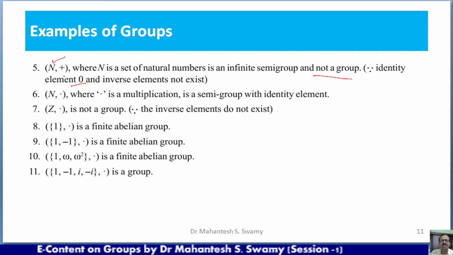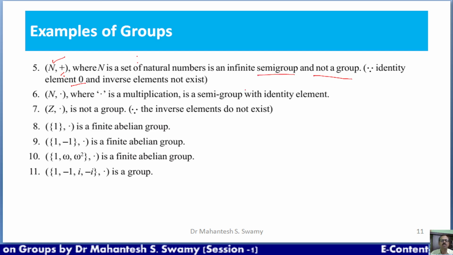However, it can satisfy two axioms. The two axioms are the closure axiom, which I have already shown you in the beginning. N satisfies the closure axiom, and N also satisfies the interchange of brackets, that is the associativity axiom. So if the first and second axioms are satisfied, then we call it a semigroup. So semigroup is another definition which we have to consider.